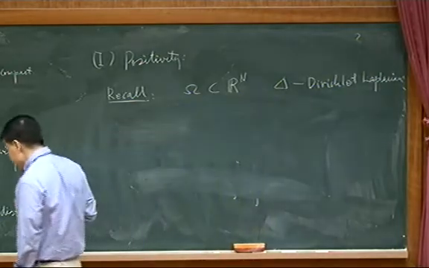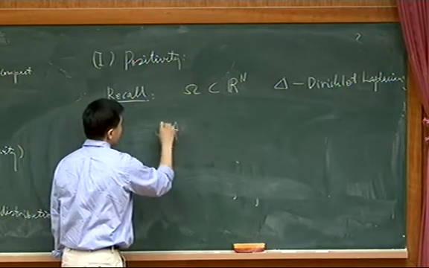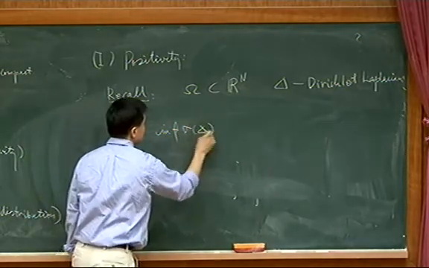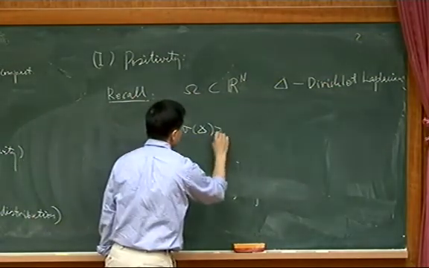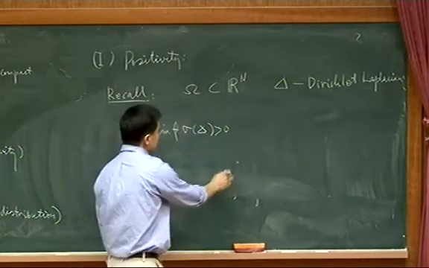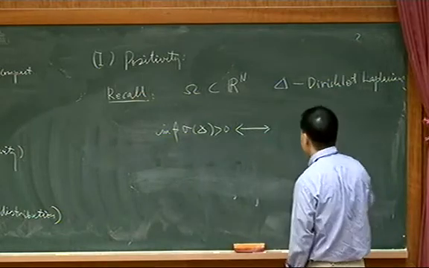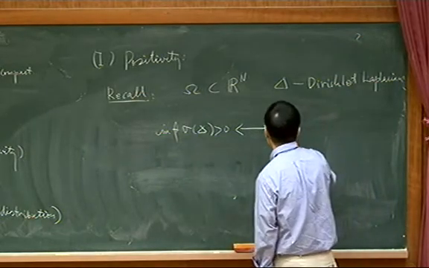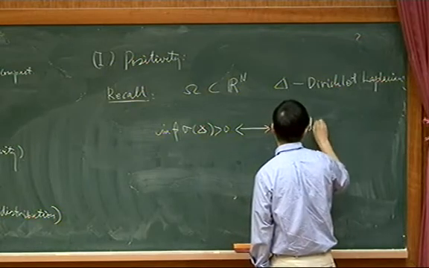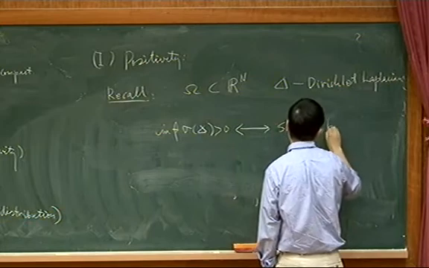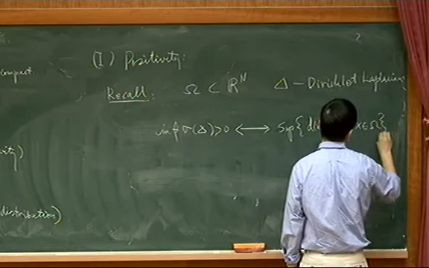In this case, the spectrum of this Dirichlet Laplacian is positive if and only if the supremum of the distance to the boundary, over all x in omega, is finite.